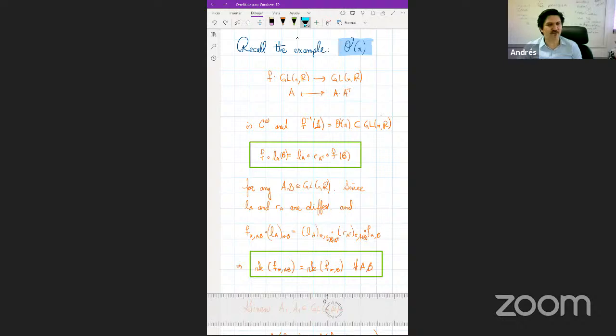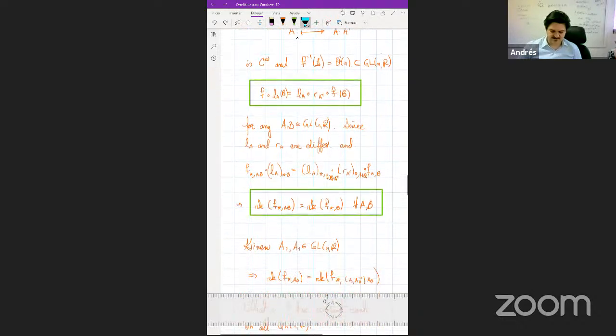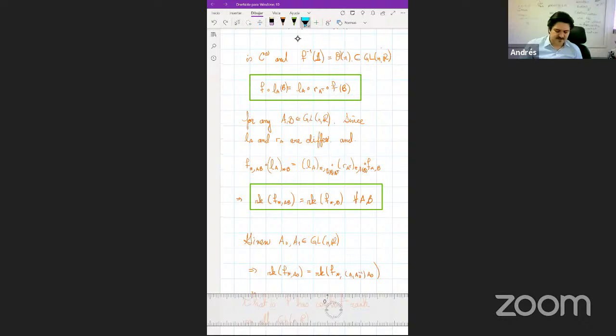And that's what I have in the green rectangle there. This is telling me that the rank at any 2 points is the same. You just need to rewrite A and B like this. I take two matrices, and I want to show that the rank here is the same as the rank there.